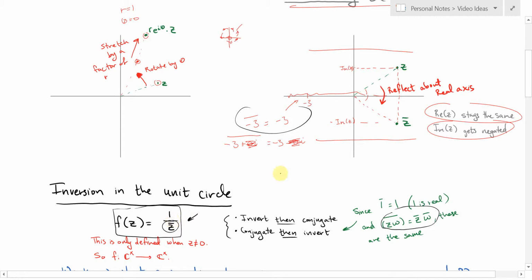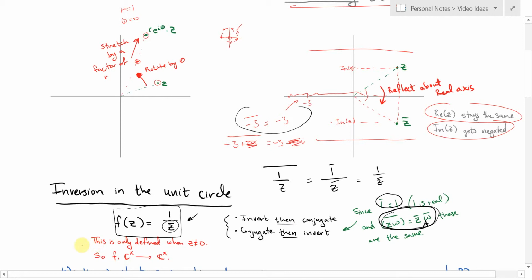But what if I had first inverted and then I conjugated? Well, because conjugation breaks up over multiplication and division is just an example of multiplication, this is the same as 1 bar over z bar. That's using this property. And then 1 bar is the same as 1, because 1's a real number. So that's just equal to 1 over z bar. So there you go. It doesn't matter what order you do it in.